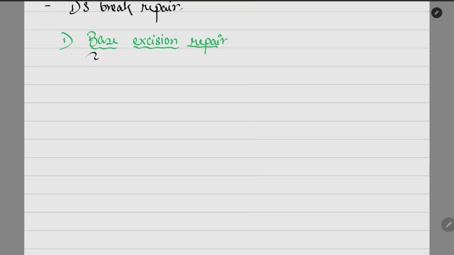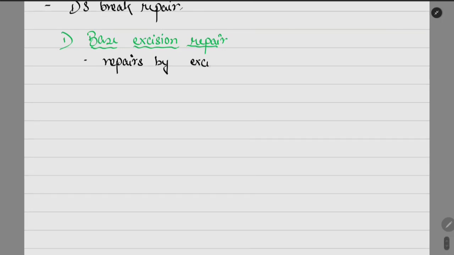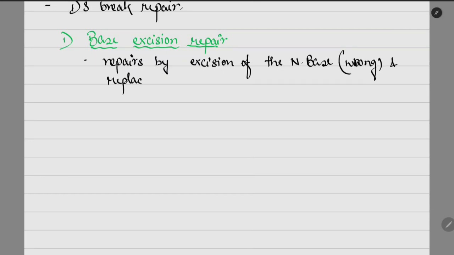So it repairs the DNA by excision of the nitrogenous base, I should say the wrong one, and replaces it with the correct nitrogenous base. Okay. Like if I give an example, as I explained earlier, there can be some spontaneous deamination leading to the formation of uracil from cytosine or something like that.